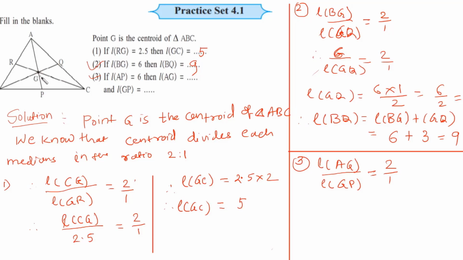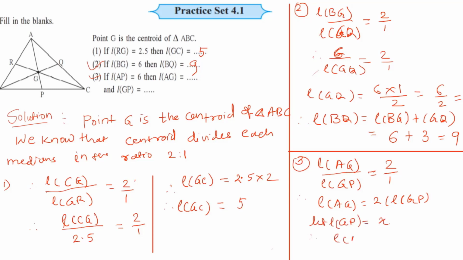We know that the centroid divides each median in the ratio 2:1. Here, AG upon GP is equal to 2 upon 1. Therefore, length AG is equal to twice length GP. Let length GP be equal to x.